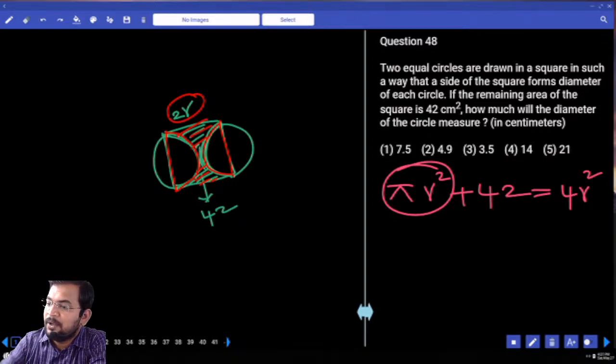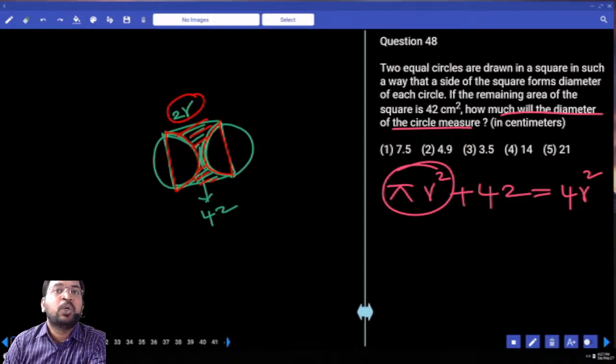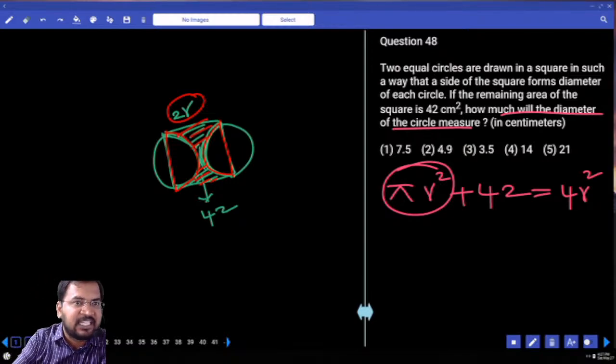Now they are asking what is the diameter of the circle. Diameter of the circle they are asking, 2r. 2r is the only unknown variable in this equation na?